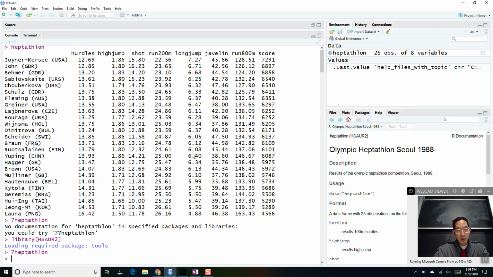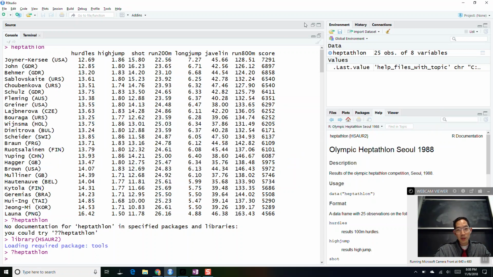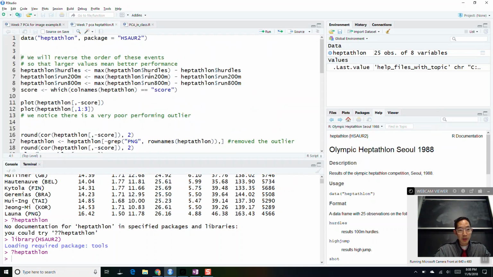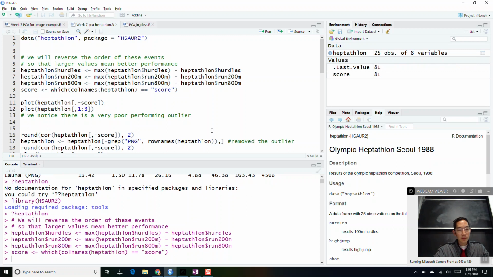Anyway, this is the score. We're going to do just a few operations to clean up our data. We're going to take the hurdles and 200-meter run and reverse them, so we're doing max minus each person's time.